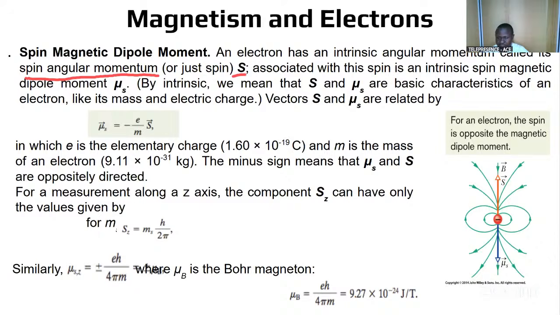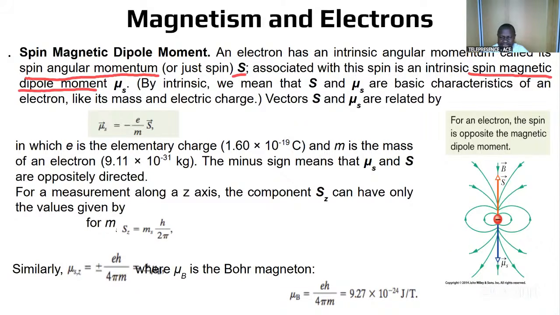This spin angular momentum is associated with spin magnetic dipole moment. These are natural characteristics of an electron.